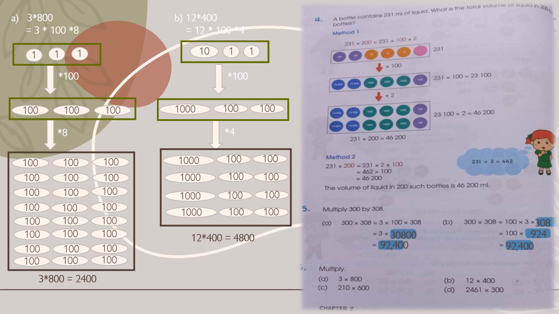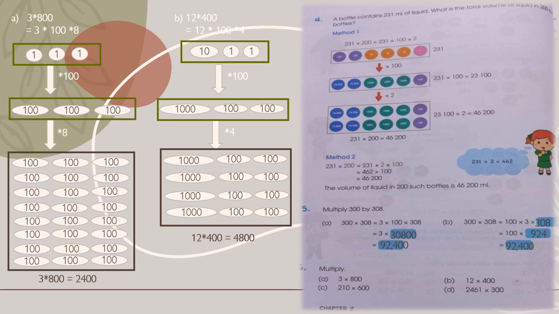So for 231, we have 1 ones, 3 tens, and 200. And when these discs are multiplied with 100, we will have 2 10,000, 3,000, and 100. These discs are further multiplied with 2, or you can simply replicate these 2 times in order to get the answer.